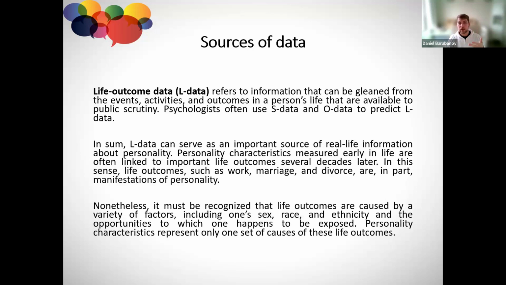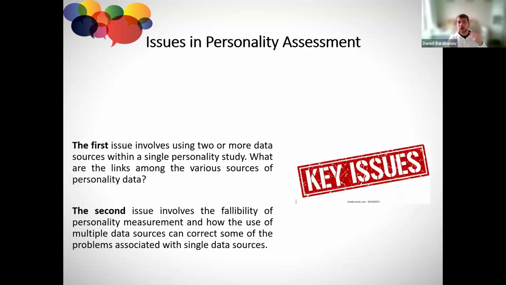Okay, so we have data. What next? We need to assess different personality characteristics, but it's connected with a couple of major problems. The first: when we use two or more data sources, for example, self-report and observer, or observer and test data, within a single personality study, what are the links among the various sources of personality data?